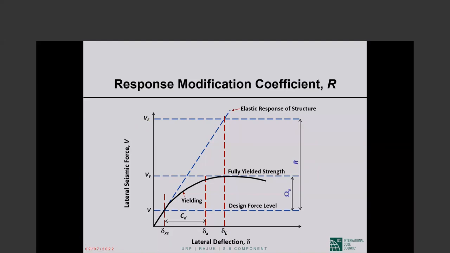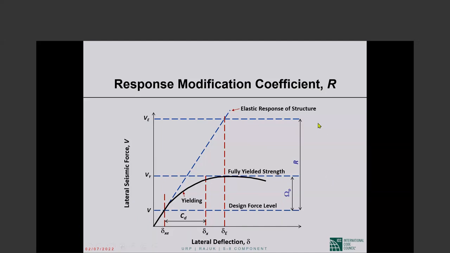You know by now that we do not design our structures to respond elastically to the design earthquake. So we design for a much lower force level than V sub E, and that design force level, the design base shear is V.